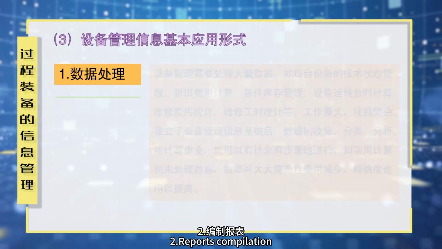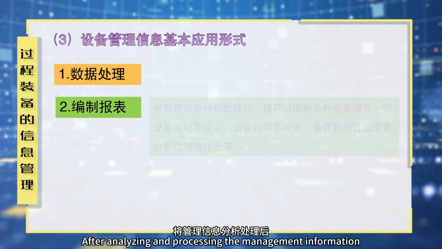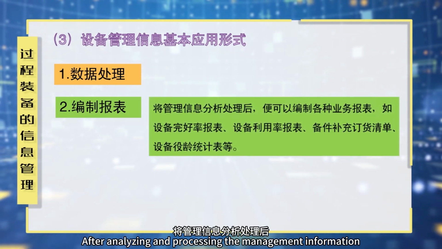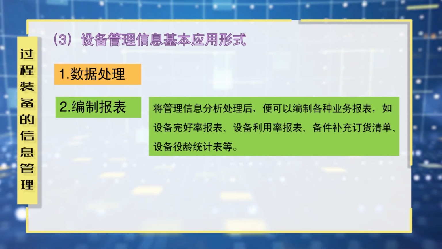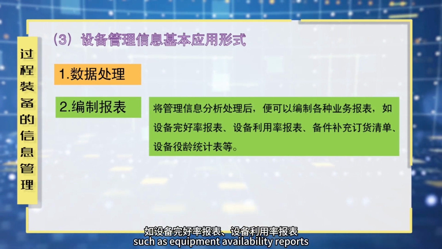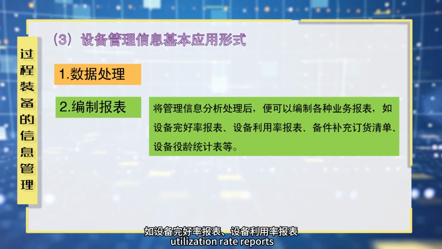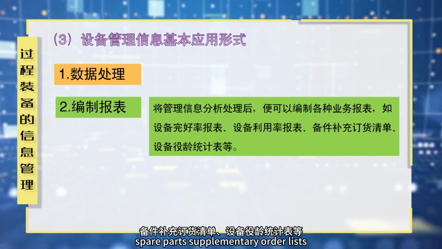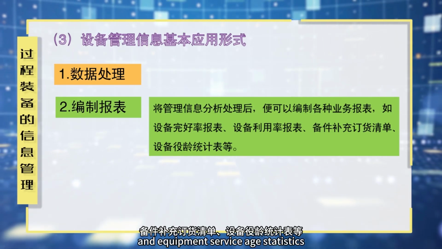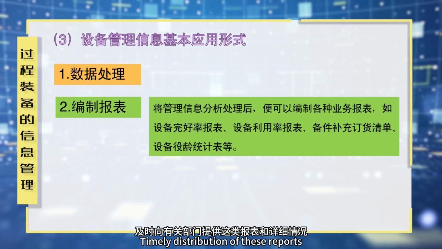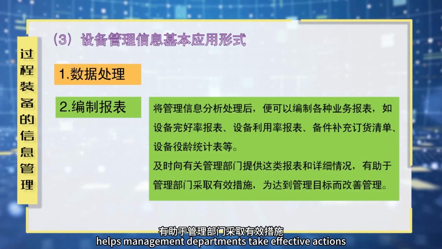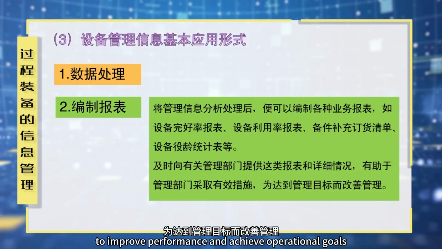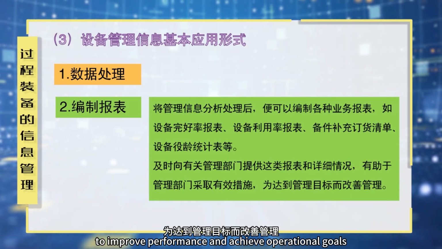Second, reports compilation. After analyzing and processing the management information, various operational reports can be compiled, such as equipment availability reports, utilization rate reports, spare parts supplementary order lists, and equipment service age statistics. Timely distribution of these reports helps management departments take effective actions to improve performance and achieve operational goals.